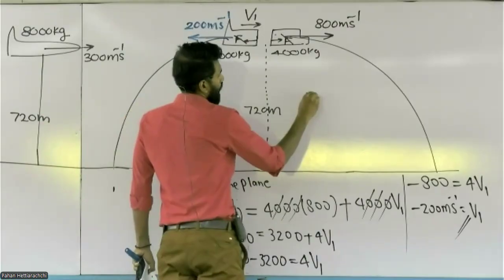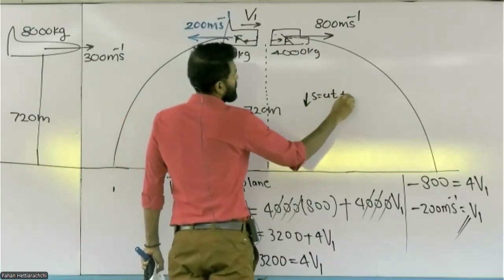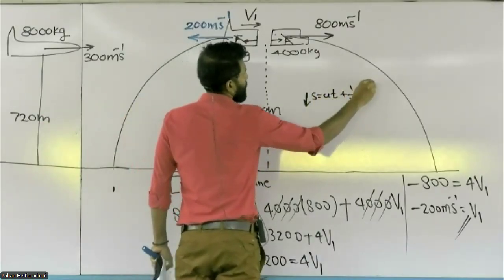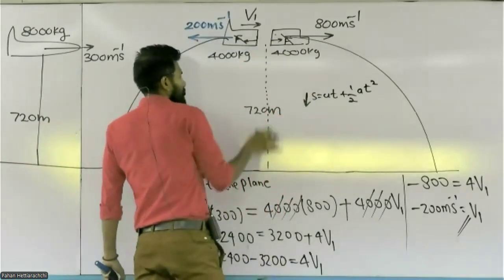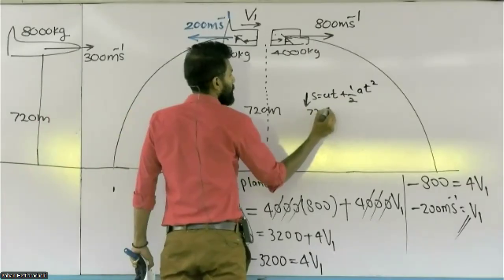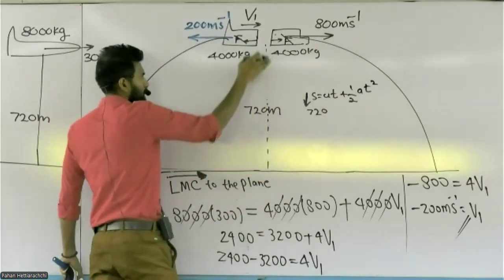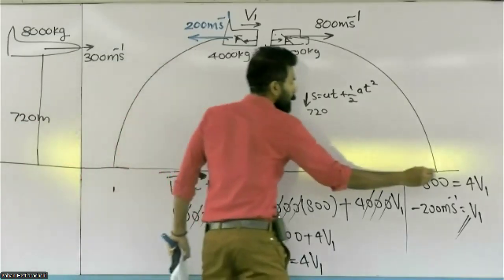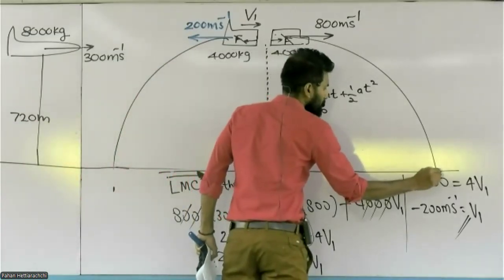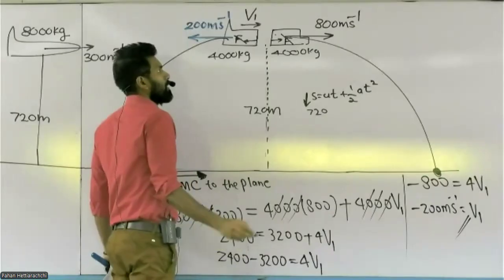Applying S equals ut plus half at square downward, it has to move 720 meters downward to reach the ground. This happened at a 720 meter height.